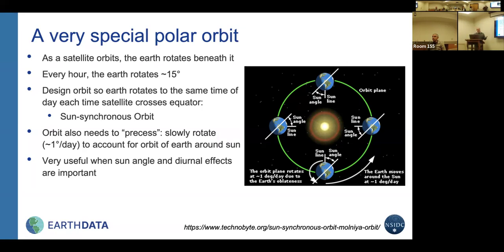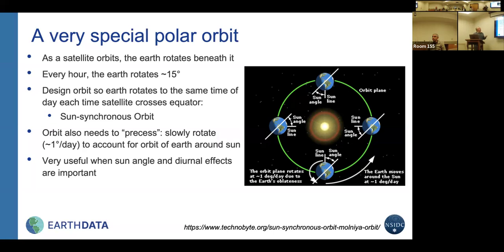So you can design an orbit such that as the Earth turns 15 degrees, the satellite crosses the equator 15 degrees over. The orbital period is such that the Earth has turned one hour and the satellite is coming back across the equator at the same local time.